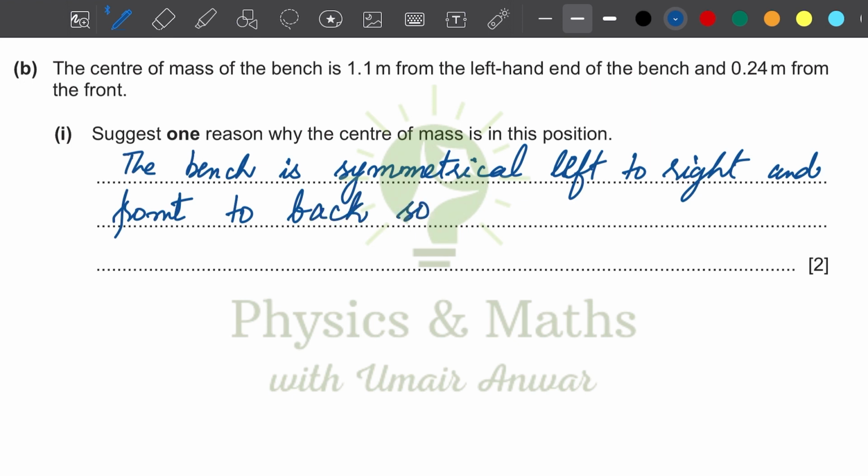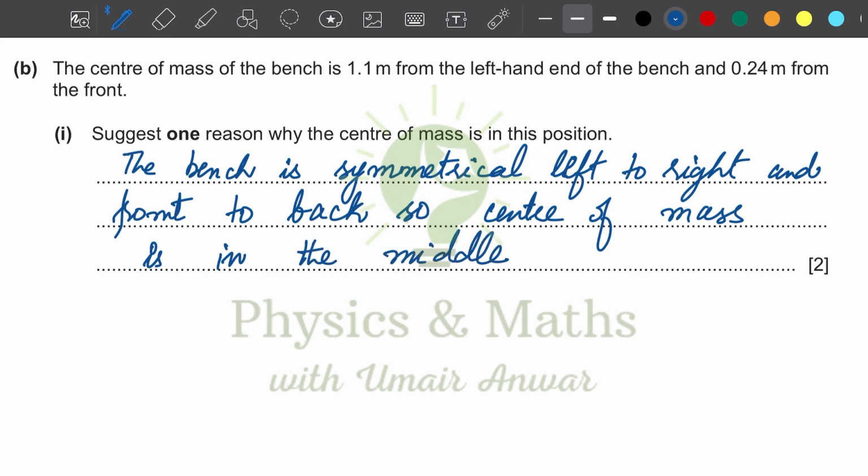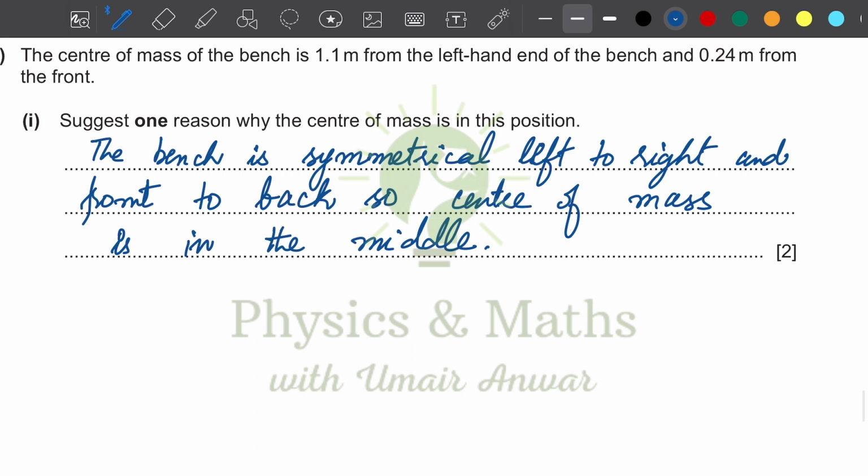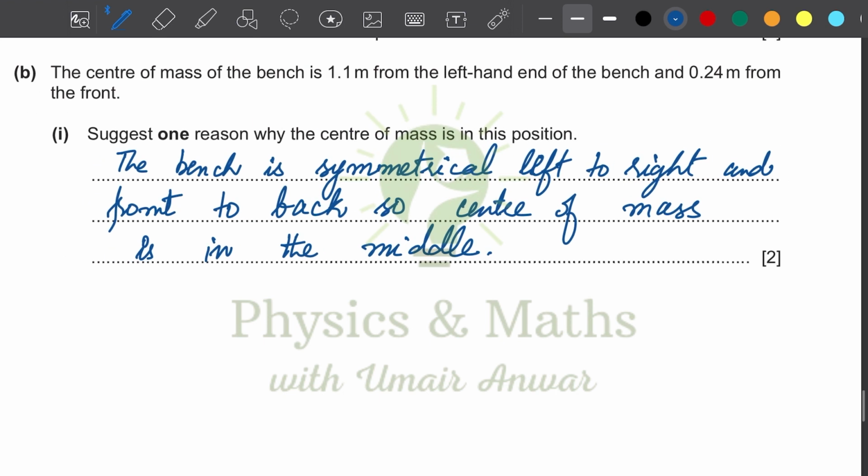So the center of mass is in the middle. As we have seen in the figure, the bench is symmetrical, so it would be at half the distance, or in the middle, from the lengthwise and the widthwise of the bench.